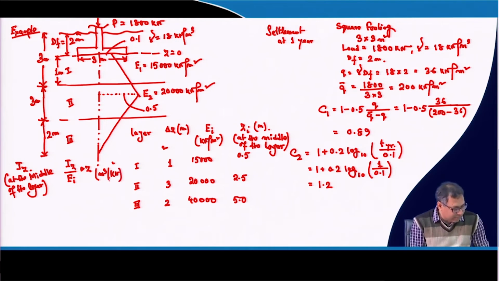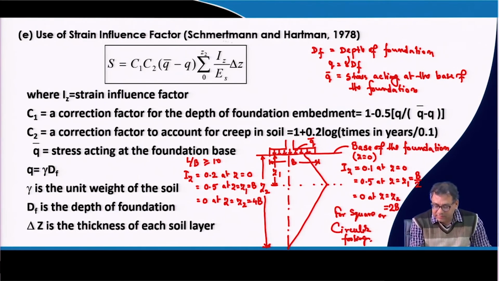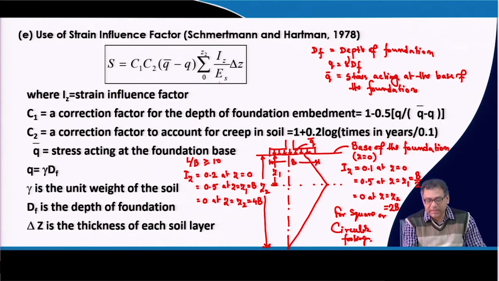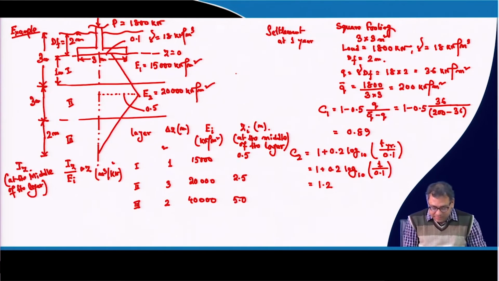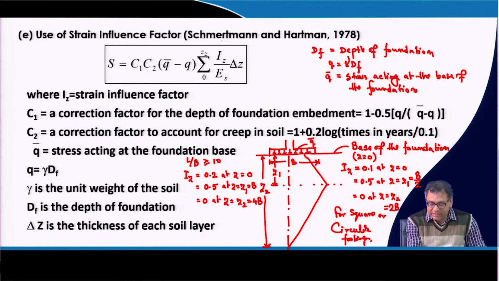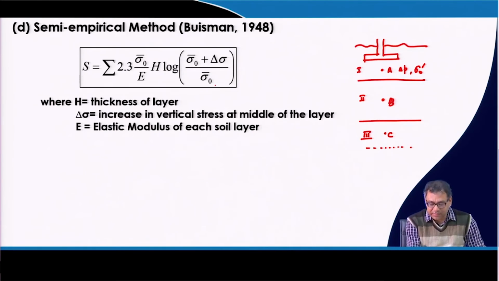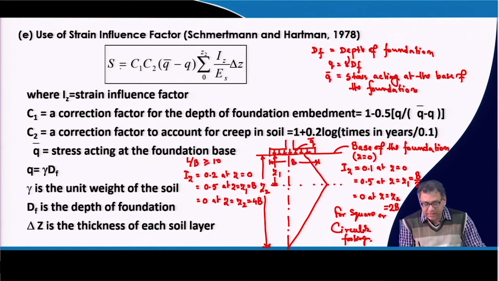What we are doing is basically calculating this part, Iz by E into del z. Then we will add them, and then multiply with these factors and the difference of q. Remember that here the addition is only for this portion, while in the previous case the addition was the total addition, and definitely that 2.3 will go outside. The other parts we have to add, but here the addition is only for this portion.